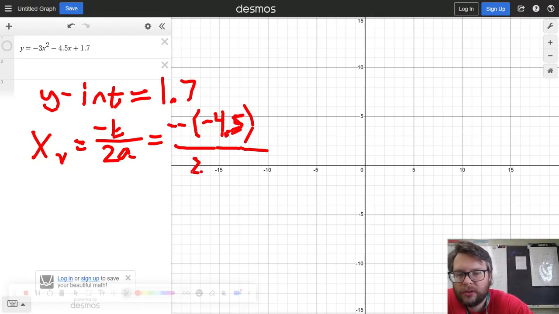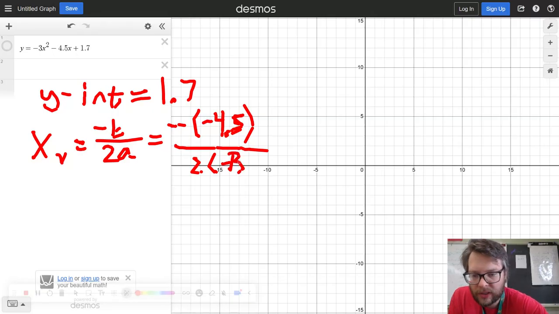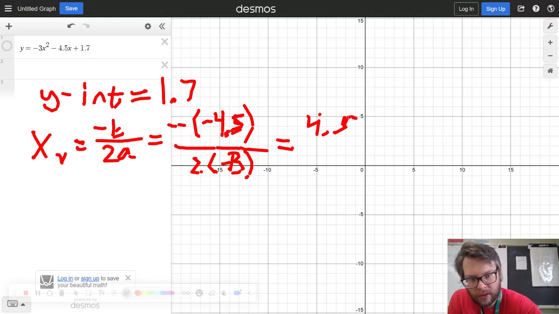And then over 2a, I grab a exactly as it looks. Negative 2a. So it's negative 2 times 3. Okay. Double negative 4.5 is regular 4.5. 2 times negative 3 is negative 6.